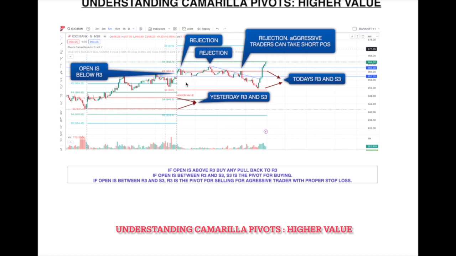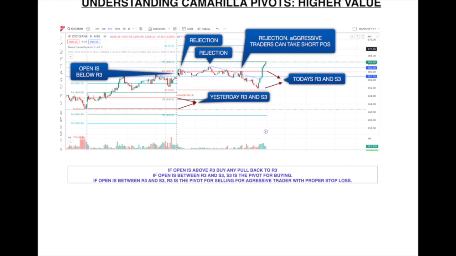Okay. Now, what are the conditions possible in this higher value relationship? These conditions and setups are based on the opening of the market, that is, where the Bank Nifty starts opening. Let us consider the first situation where the Bank Nifty opens above R3. See, this has opened above R3, right?